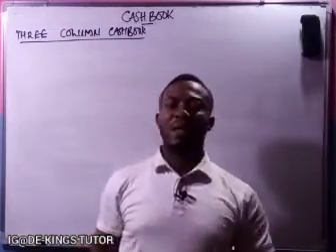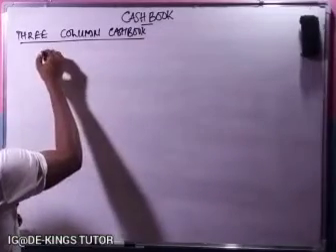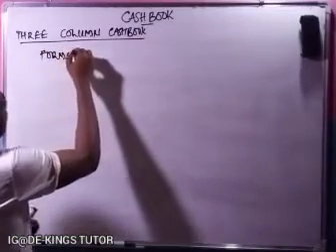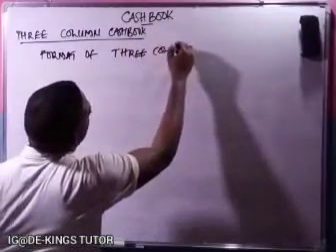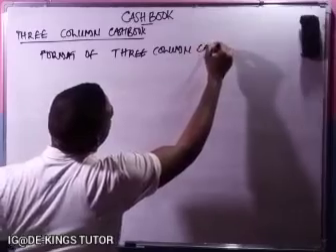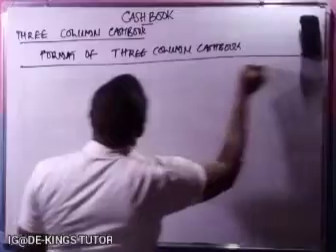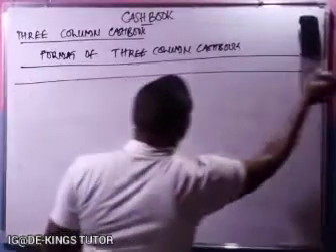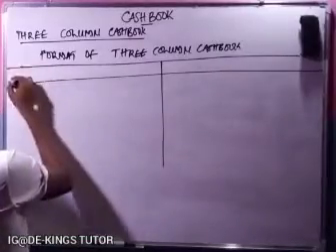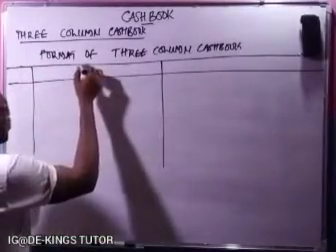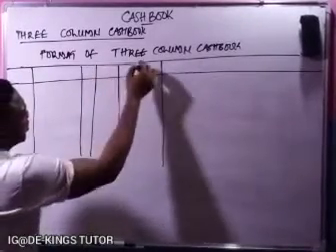Okay, now let's prepare the format. Let's see the format, for instance, of the 3-column cash book. The format for the 3-column cash book. So we have date, we have particulars, we have folio, we have cash, bank.